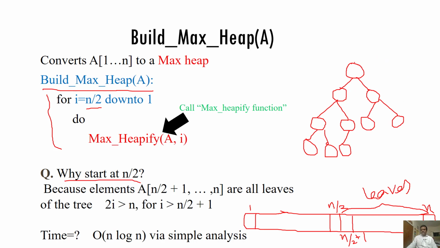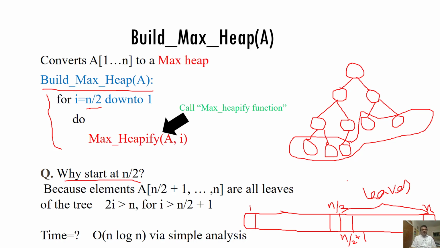Because see, suppose this is our array, and this is the corresponding tree we are viewing. What are the nodes after n by 2 plus 1 to n? These nodes are basically the leaves.